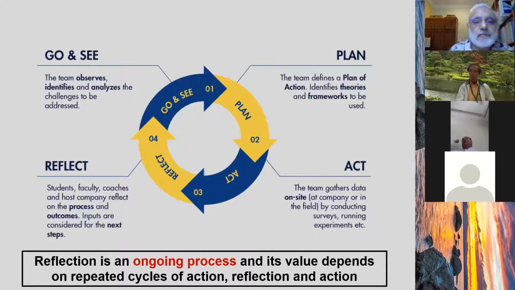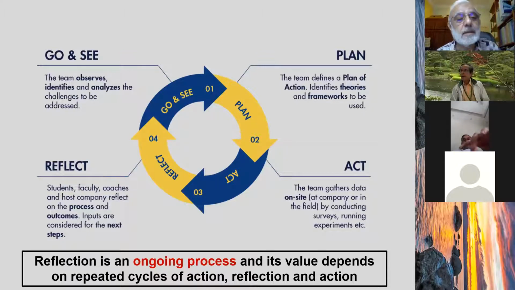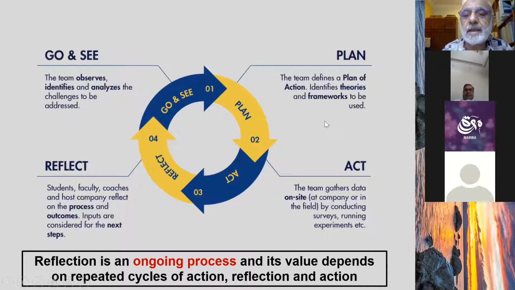This is one way of explaining the reflection or cycle of reflection. We have an experience, or we observe some situation, and then we identify the shortcomings. We plan to address those shortcomings, and then we apply that plan.